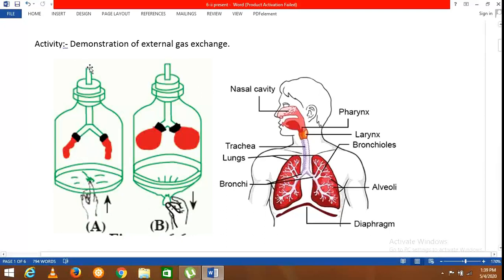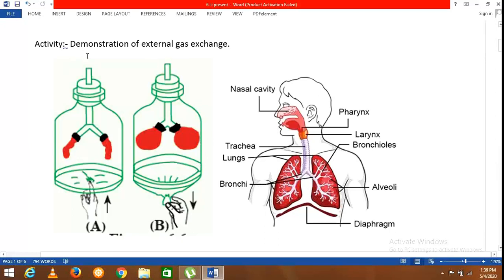You can see here there is a Y-shaped tube. This tube indicates the trachea and the two bronchi, left bronchus and right bronchus. Then the two balloons attached to this Y-shaped tube are the lungs. So external gaseous exchange can be explained by using this setup.